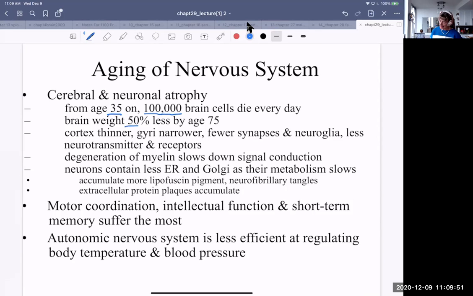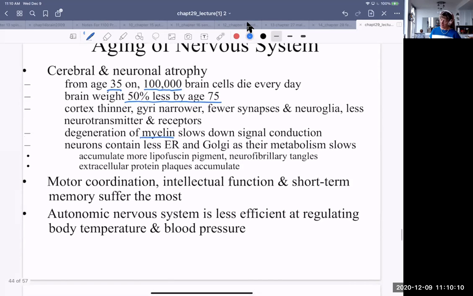The brain weighs less by age 75, about 50% less. The cortex is thinner, the gyri narrower, there are fewer synapses and neuroglia, less neurotransmitter and receptors, degeneration of myelin also, which slows down signal conduction. Neurons contain less endoplasmic reticulum and Golgi because metabolism slows down.